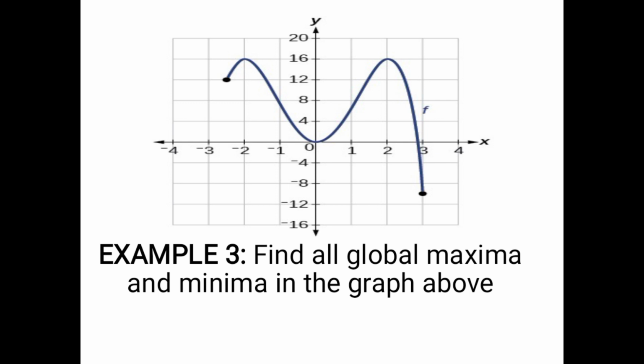Example 3. Find all global maxima and minima in the graph above. Considering the interval -2.5 to 3, we have that f of -2 equals 16, and f of 2 equals 16.